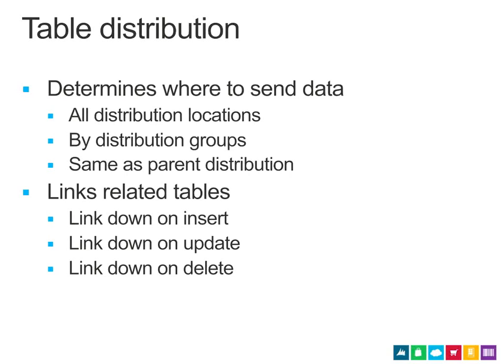Although there may not be a record that was created at this time, because you may have linked just an existing record to it, like a sales tax group that came out of a drop-down. There's nothing else changed to the child table. But since it is required to be sent along with this parent record, otherwise it would be an incomplete record, you set this option to link down on insert.